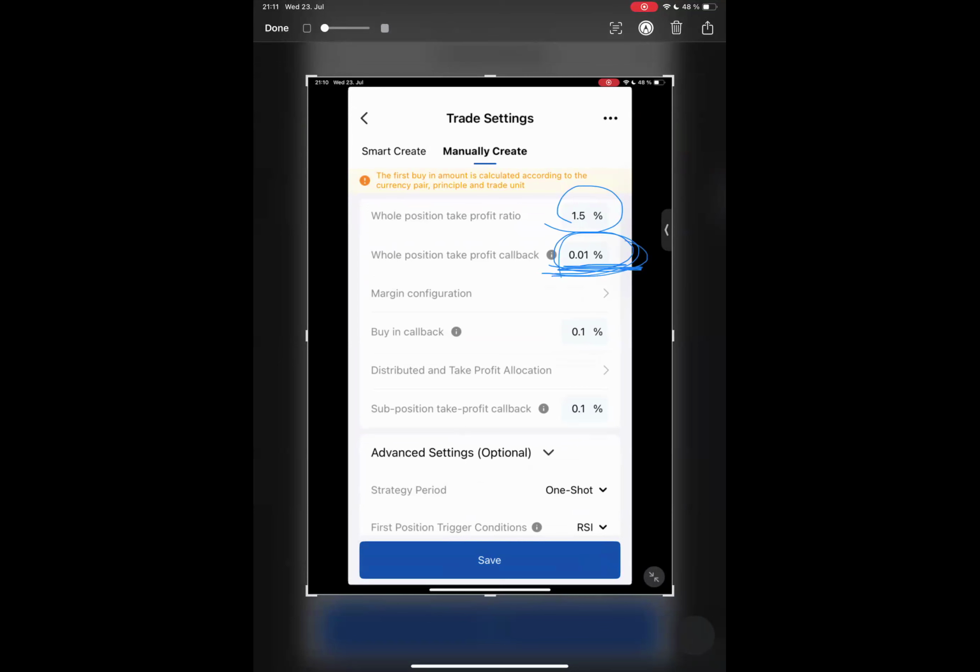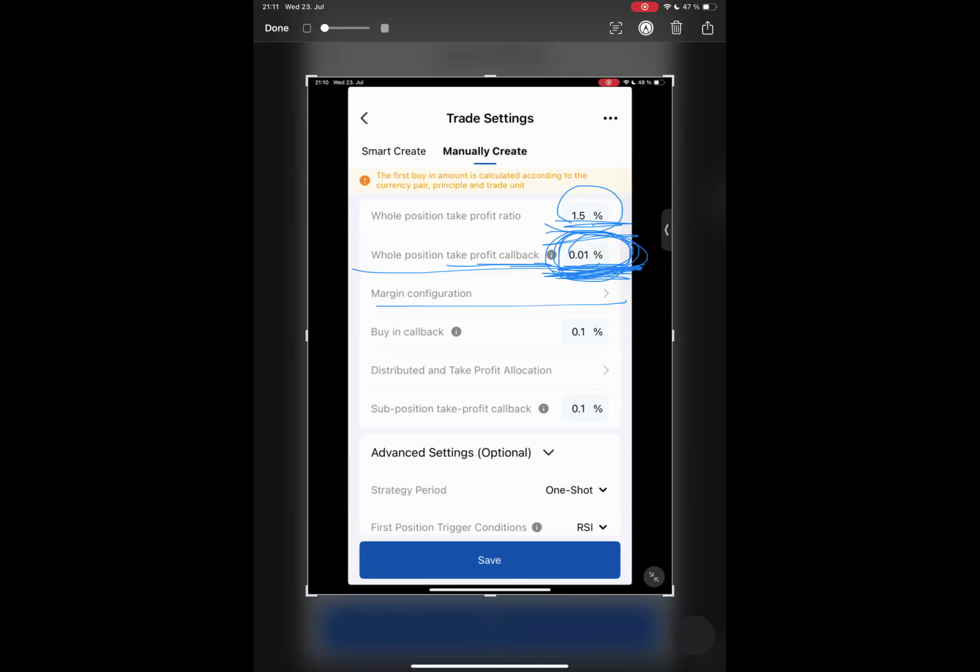If yes, it will add this 0.01 to your 3%. But if it will quickly drop, it will deduct this 0.01 from the take profit before it delivers the profit to you. That is why we call it whole position take profit callback. So in the settings, they said it has to be 0.01. So I'm going to leave it.